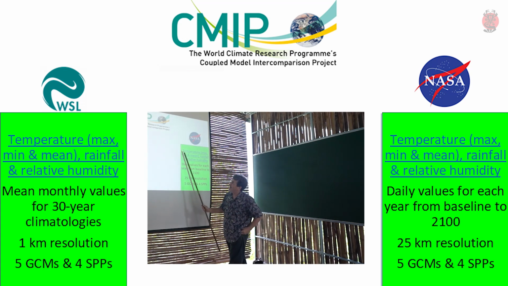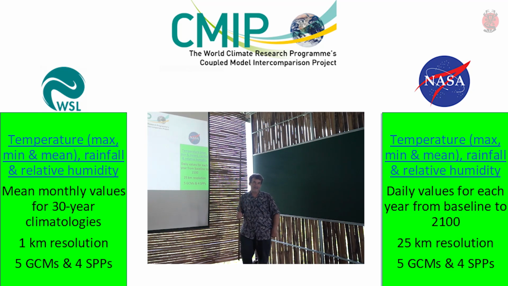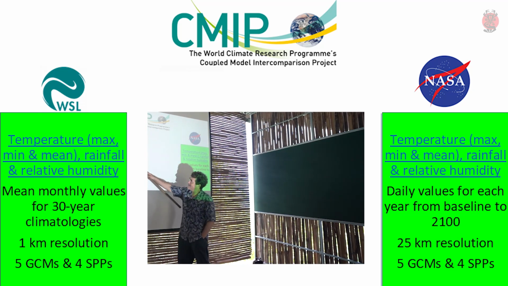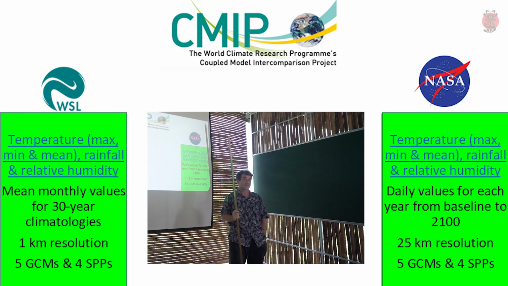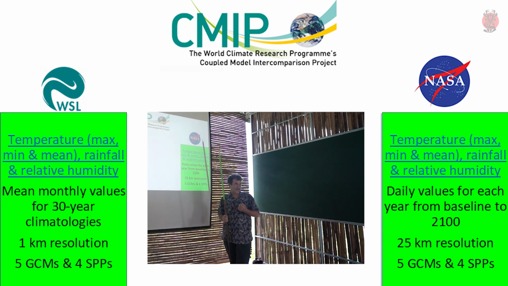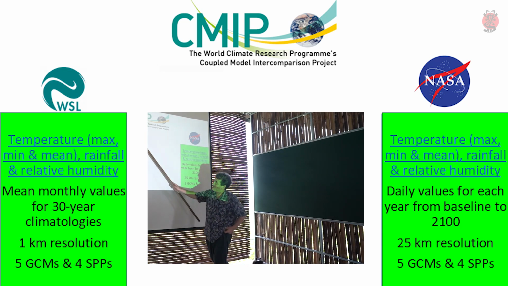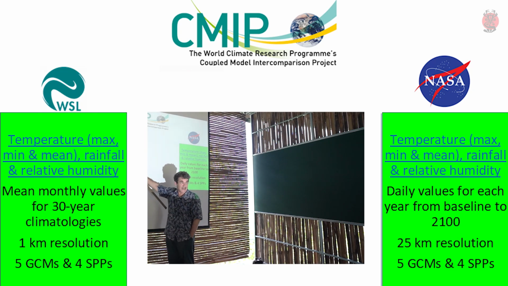Then certain organizations are incredibly nice. This is WSL, the Swiss Federal Institute for Snow, Forests and Ice, and they've done the statistical downscaling for us. They've taken the projections from here and then downscaled it.